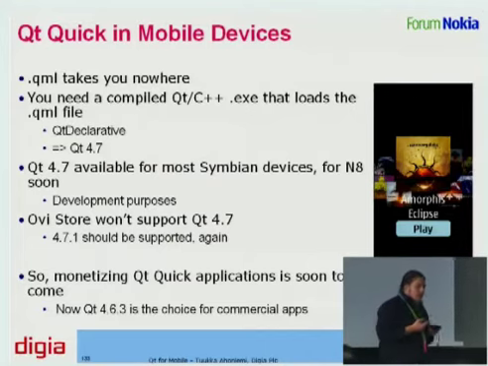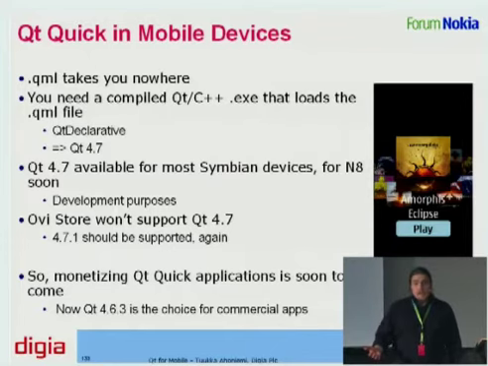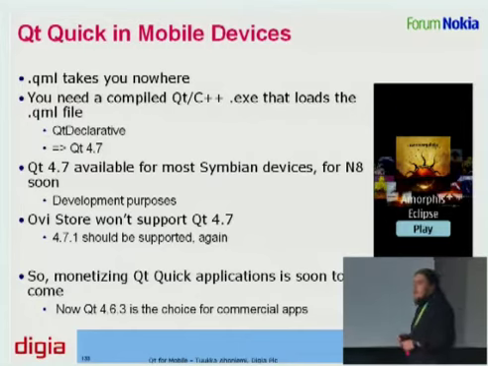After that, well, the installer will also install Qt 4.7 for my Symbian SDK, but I will need a Symbian SDK to do that. With Nokia Qt SDK, you can't get 4.7 yet. Why? Because Ovi Store does not support it.